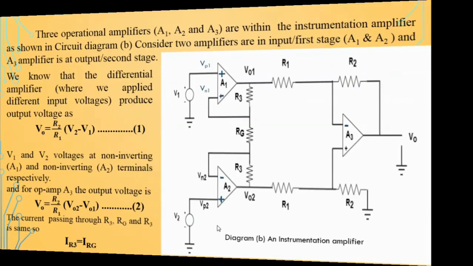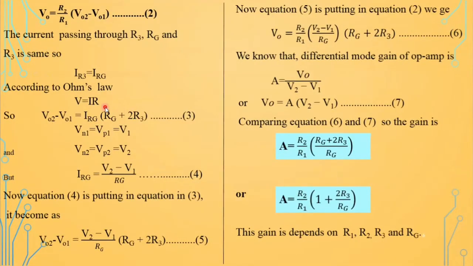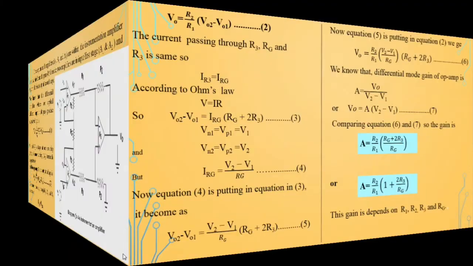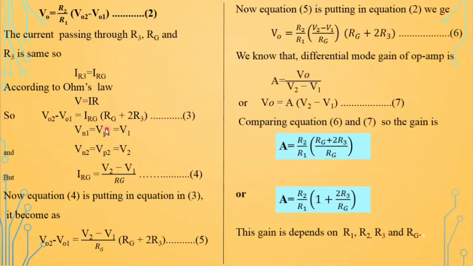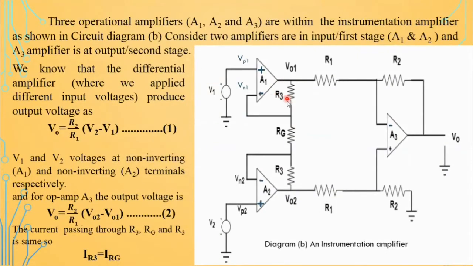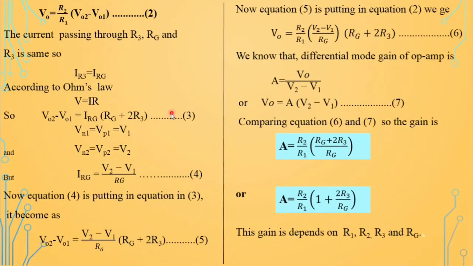So here we have seen that this voltage, VO2 minus VO1, is equal to the current passing through this, IRG, multiplied by the bracket RG plus 2 times R3. This is our equation 3.